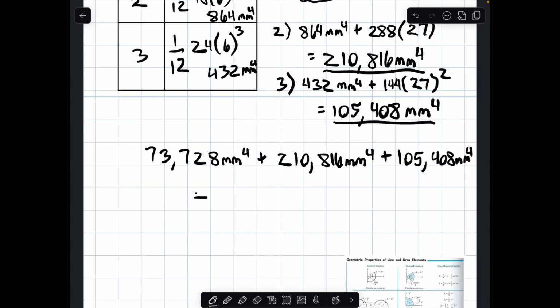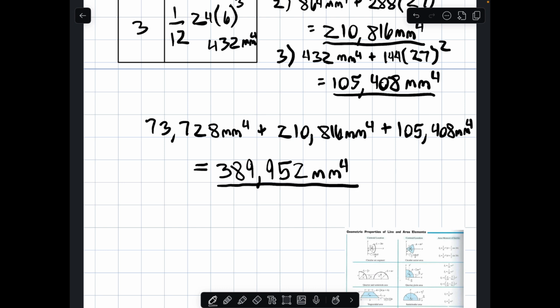And this gives us 389,952 millimeters to the 4th. So this is our final inertia.